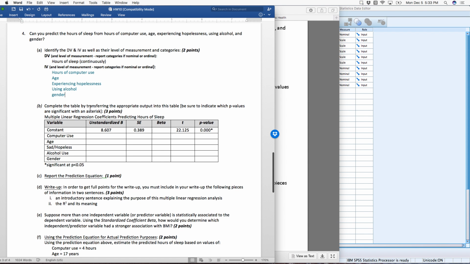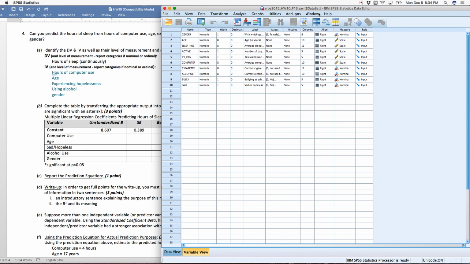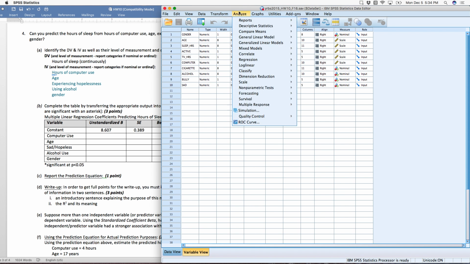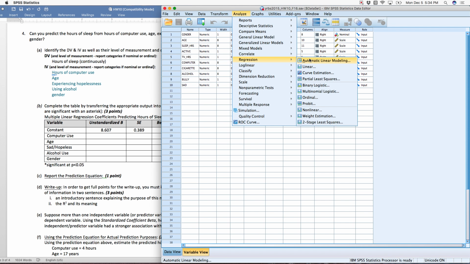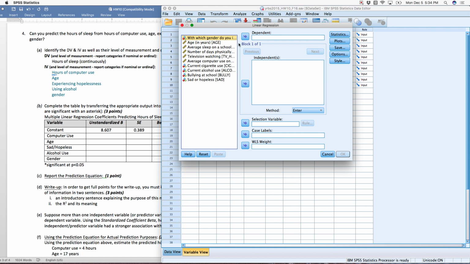So what we're going to do now is, now we know our DV and our IV, so we can actually run this in SPSS. So we have our data file open. I'm not making you change any variables, so we're just going to go in and do it. So analyze, regression, linear. Then we move over our dependent variable, which is hours of sleep.